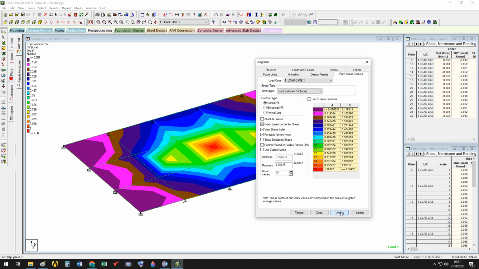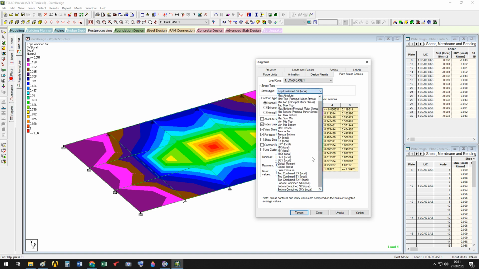Sy at the top, and its value is given in terms of megapascal. Now look, it's not a force, it's a stress, and its unit is megapascal. Top Sxy was already small.